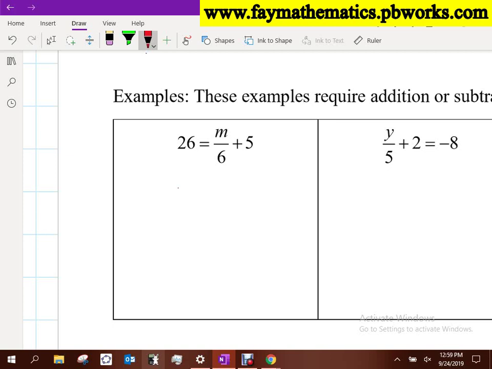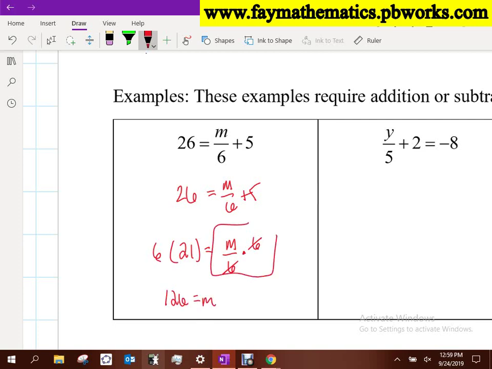So Lindsay's question was this: if I have 26 is equal to m/6 plus 5, she subtracted 5, got 21 equals m/6. She multiplied like this and canceled, right? And then came over here and multiplied by 6 and got 126 equals m. This cancels because of this idea.